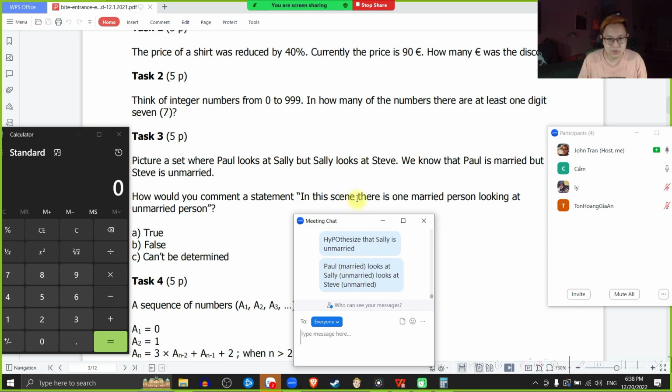So in this case, it's also true. At least there's one married person, Paul, looking at unmarried person, Sally. It's true. Nó vẫn đúng mà. So this one is correct also in both cases. Ở cả hai trường hợp cái câu này đều đúng. In both cases, this sentence is correct. So the answer is true. Đó, các bạn thấy không? The answer is true.